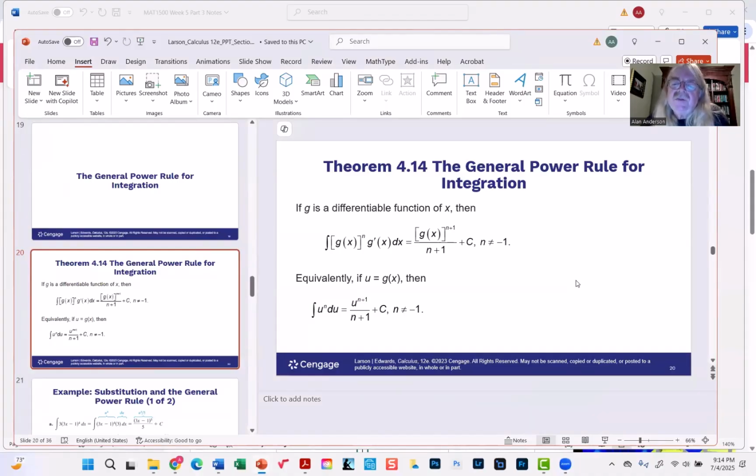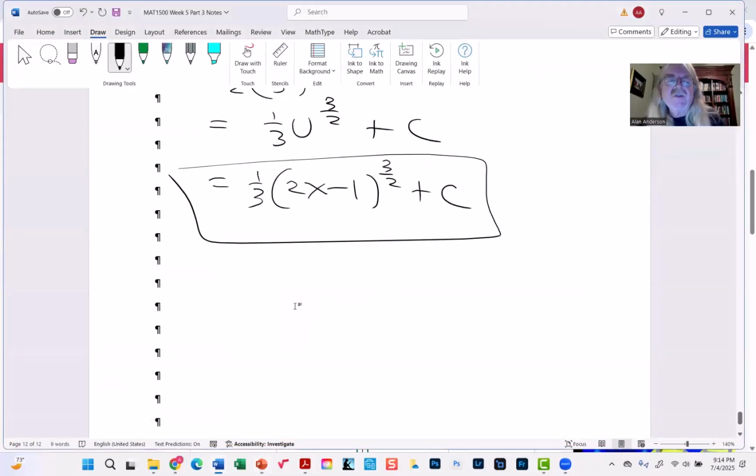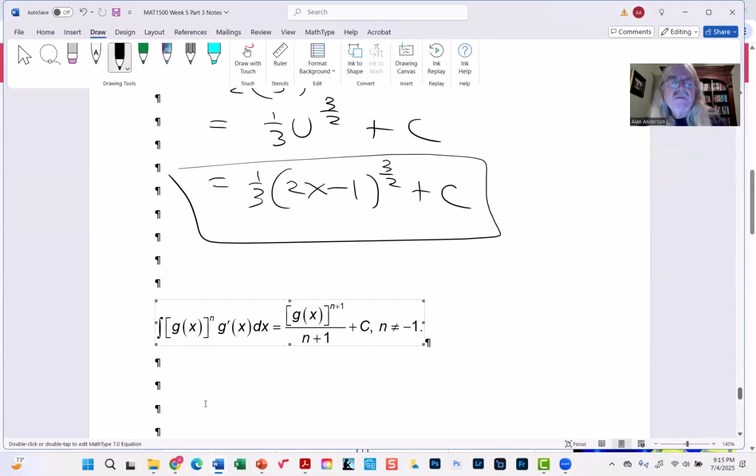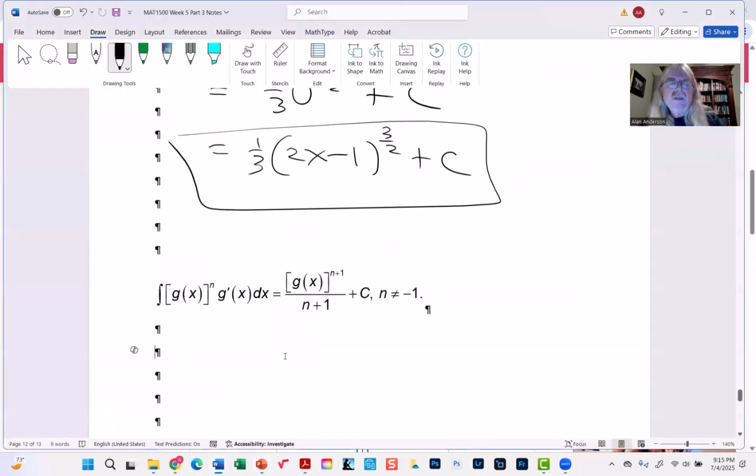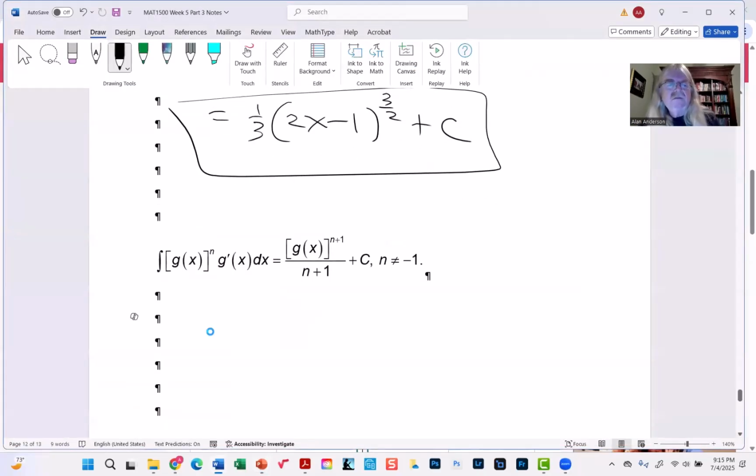Now, here is an interesting result. These are both equivalent to each other, depending on whether you're using the f prime of x, g prime of x notation, or the u notation. But they both mean the same thing. This is called the general power rule. And it works like this.